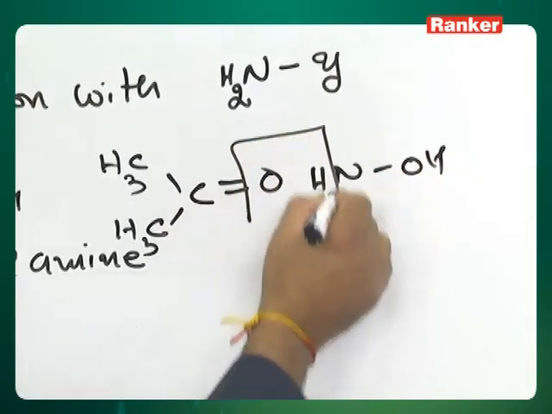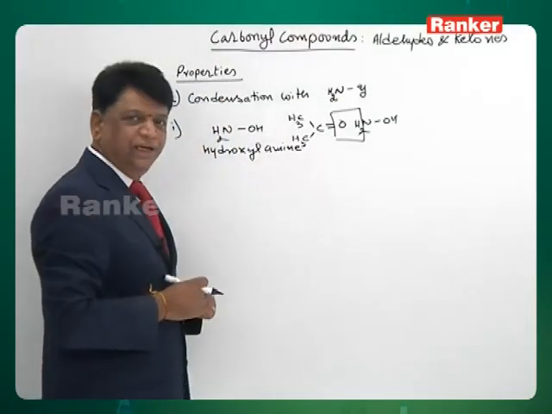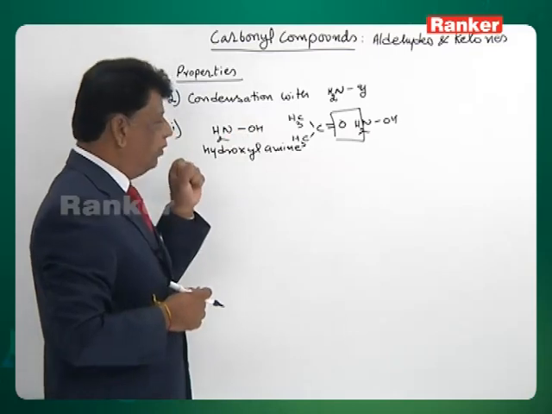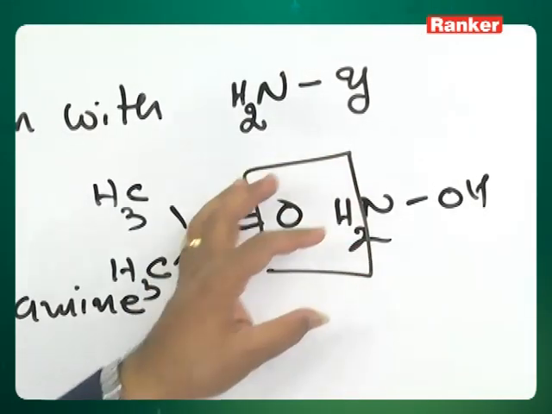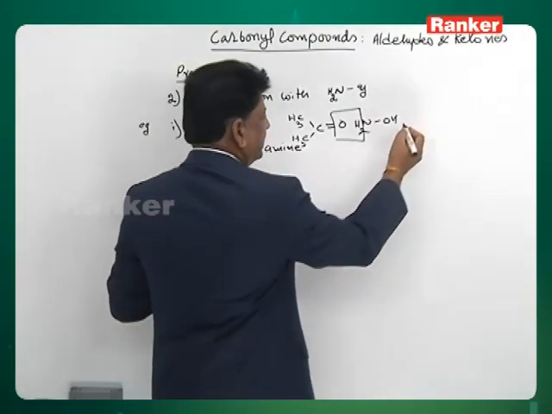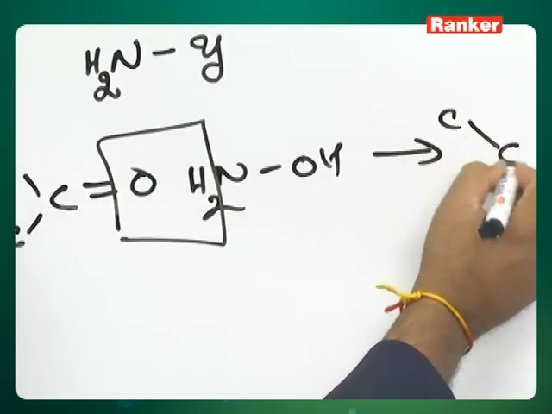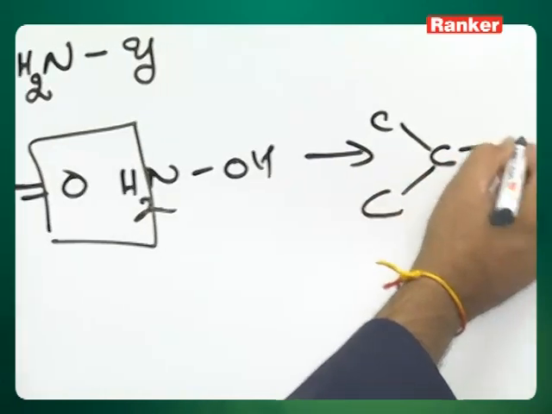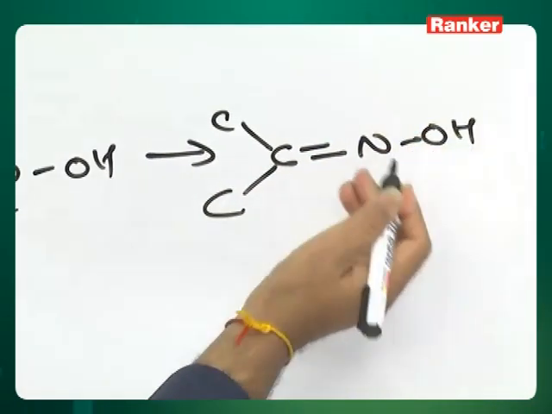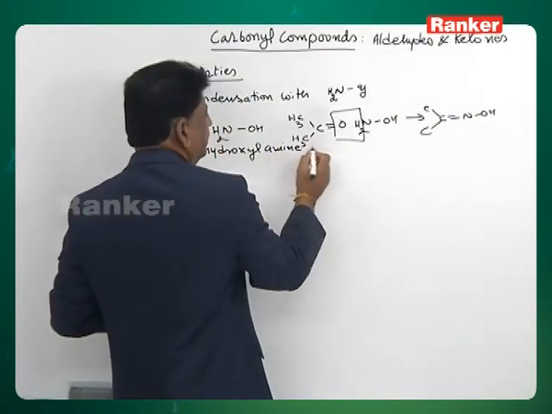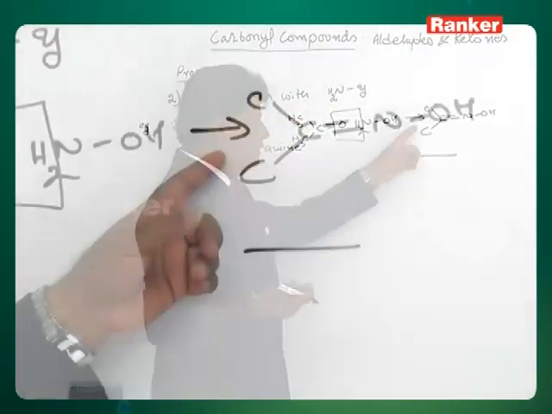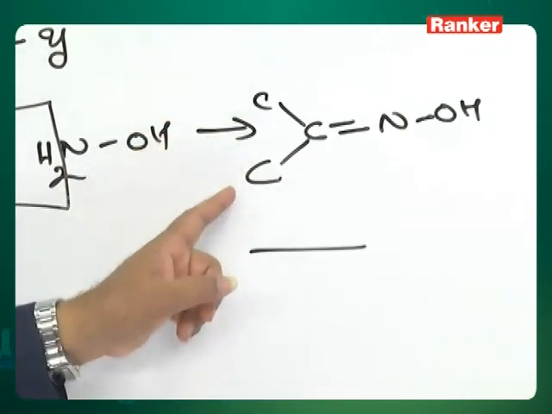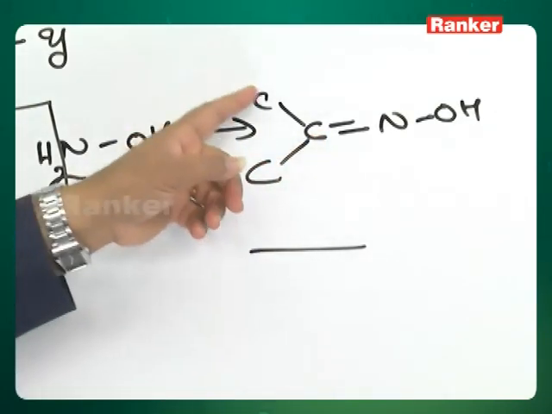reaction. I said there is a shortcut mechanism, that is H2 from this side and O. This is not the real mechanism, but still a box may be shown to get the answer instantly. So, the answer is: acetone will be as it is, but the N will now have OH attached to this one. You call the name of the compound, whatever it is. You can say acetone, common name, or dimethyl ketone, or propanone.